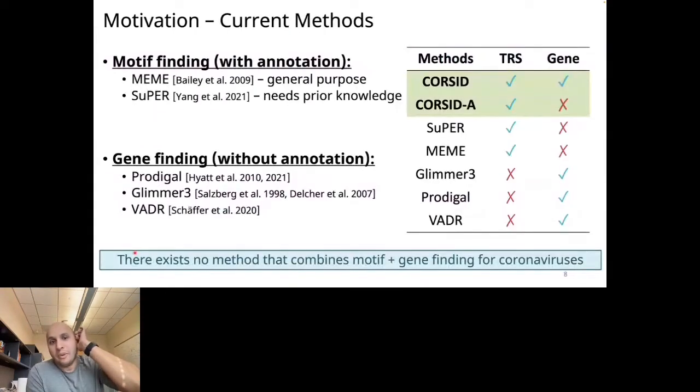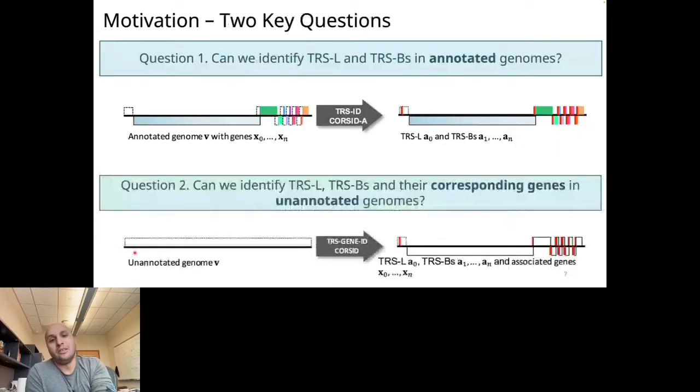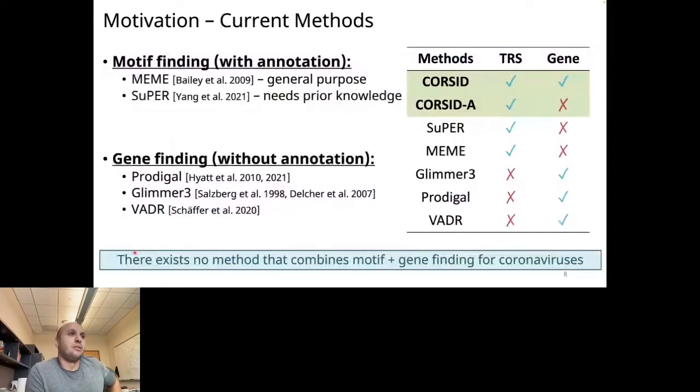Before our work, the two questions that I'm asking here correspond to two different, well-studied topics. The first question, about finding the transcription regulatory sequences, is essentially a motif finding problem. We want to find a subsequence that occurs in a genome. There exist many methods for doing this. MEME is a very well-known general purpose method.